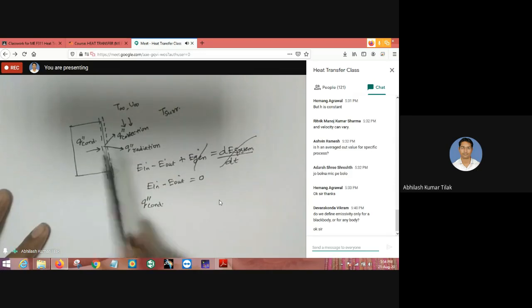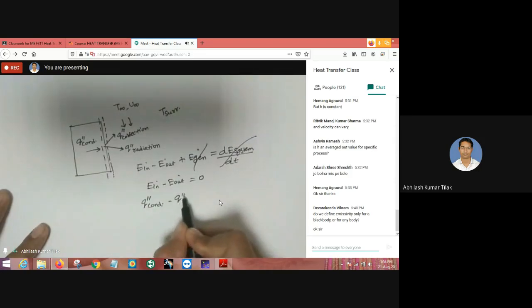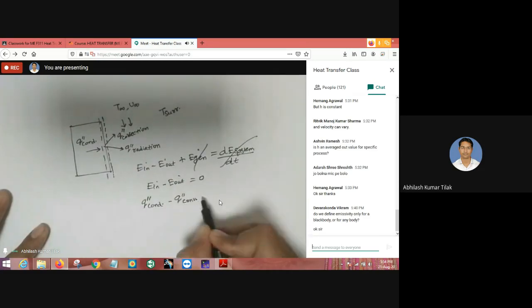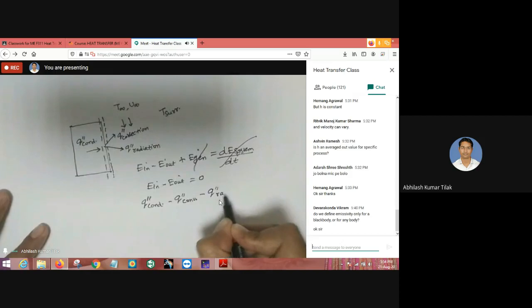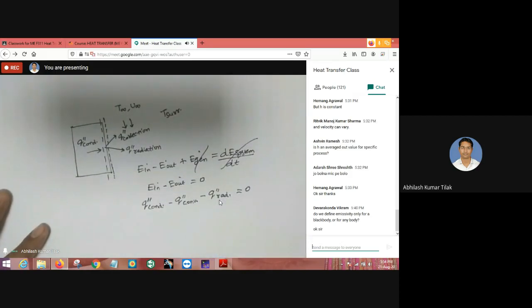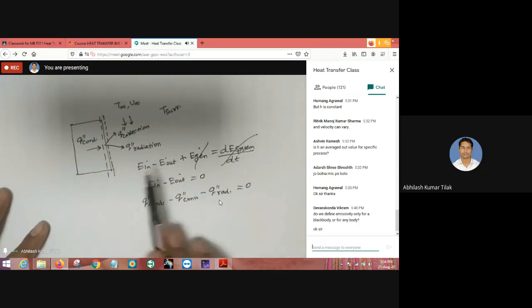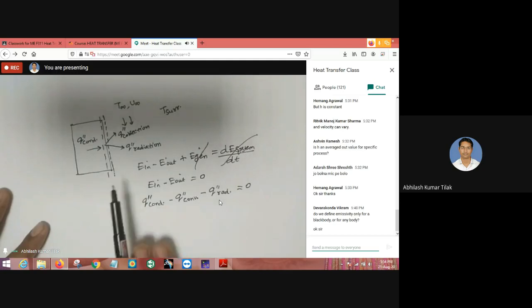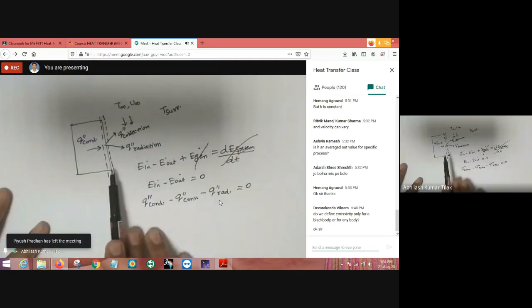So I can write it as minus the convection minus the radiation is equal to 0. So this is the surface energy balance. Using the surface energy balance, I can write the basic laws for conduction, convection and radiation, and then I can solve the problem for either the surface temperature or any other term.